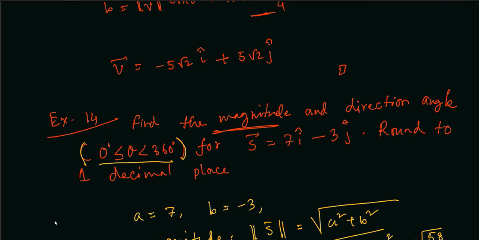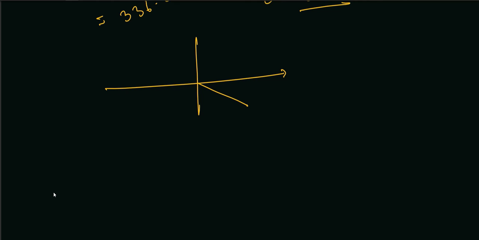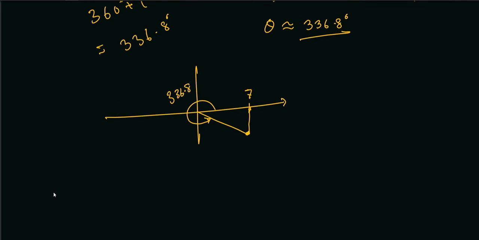And if you note here, s equals 7i minus 3j, so it should go 7 units in the x direction and 3 units in the negative y direction. So the vector is here. So we are looking for this bigger angle, and this is 336.8 degrees. And the r, this is square root of 58.